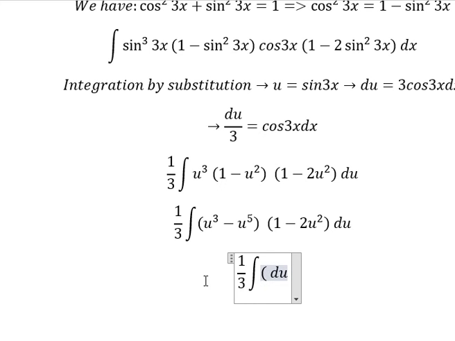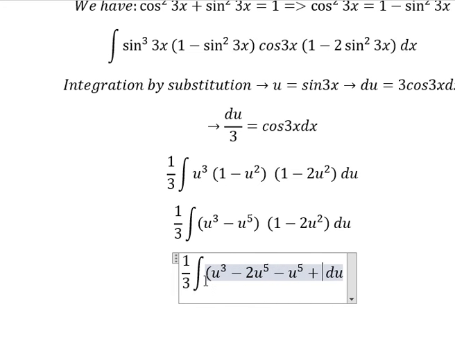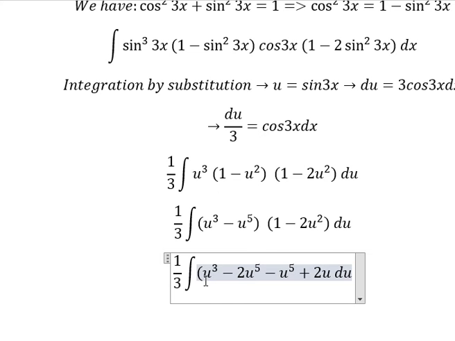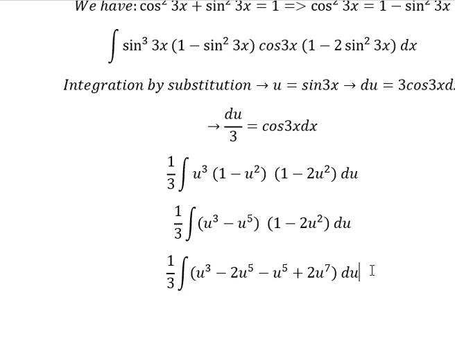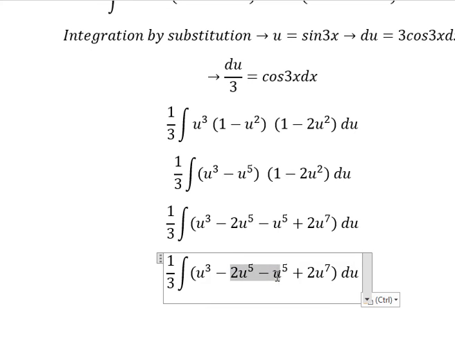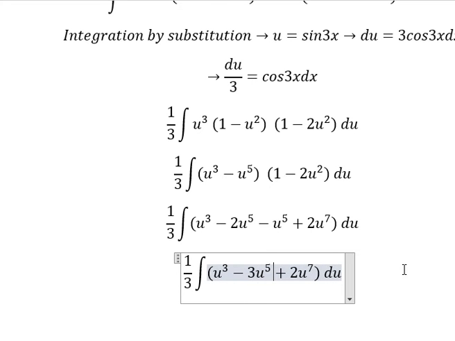So you will got u to the power of 3 minus 2u to the power of 5 minus u to the power of 5 plus 2u to the power of 7. And this one you got negative 3u to the power of 5.